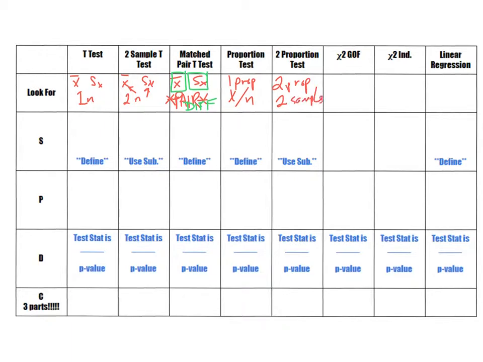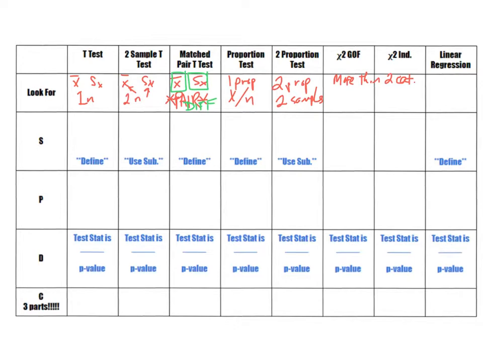In a chi-square test, the first thing that you could look for in both chi-squares is more than two categories. The minute you start talking about putting things in 3 or 4 or 5, it's no longer a proportion test.